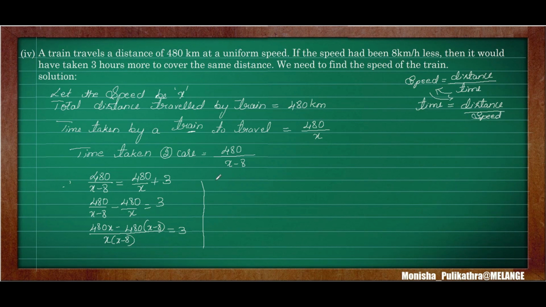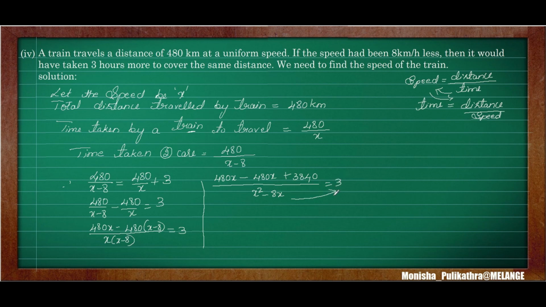Here 480x minus 480 into x is 480x. Minus into minus is plus, so 480 into 8 is 3840, and x into x minus 8 is x square minus 8x, equal to 3.